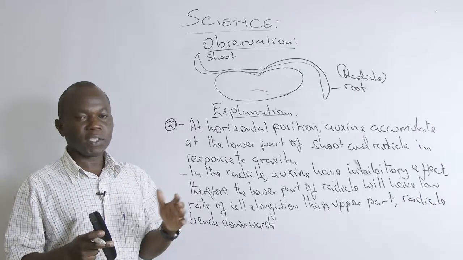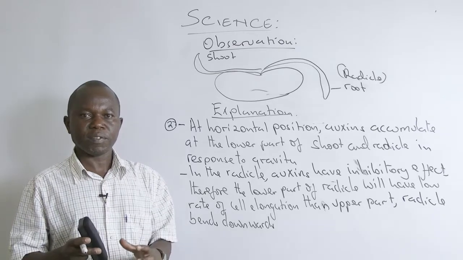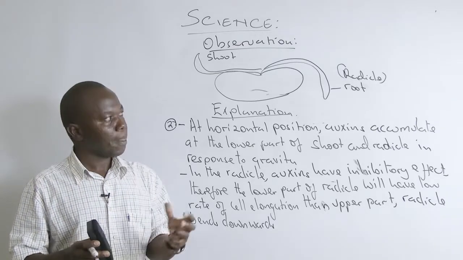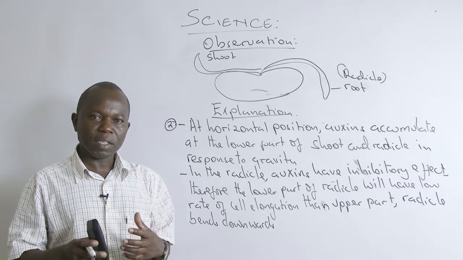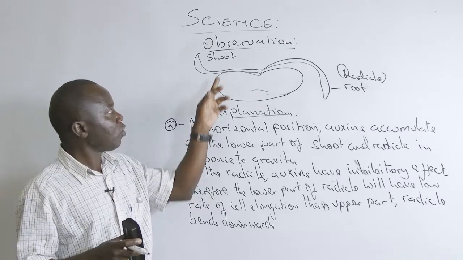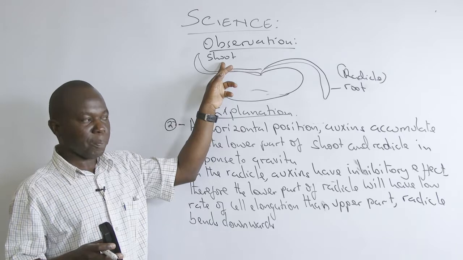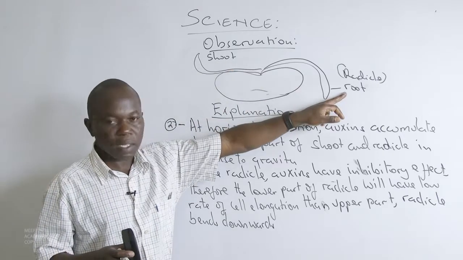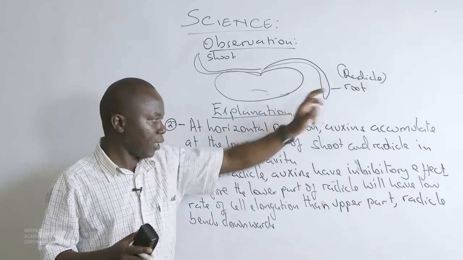If it is towards the stimulus, we say it is positive tropism. But if it is away from the stimulus, we call it negative tropism. So the shoot is negatively geotropic, while the radical is positively geotropic.